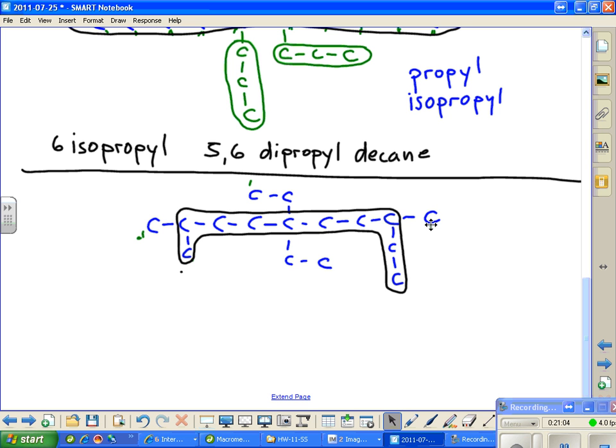You can't go from right to left because if I start at the far right, which is right here, 1, 2, 3, 4, 5, 6, 7, 8, 9, or 1, 2, 3, 4, 5, 6, 7, 8, 9. Either this carbon or this carbon could be in that longest chain. Wouldn't matter. I went down because I wanted to tweak your mind a little bit so you can start to see this.